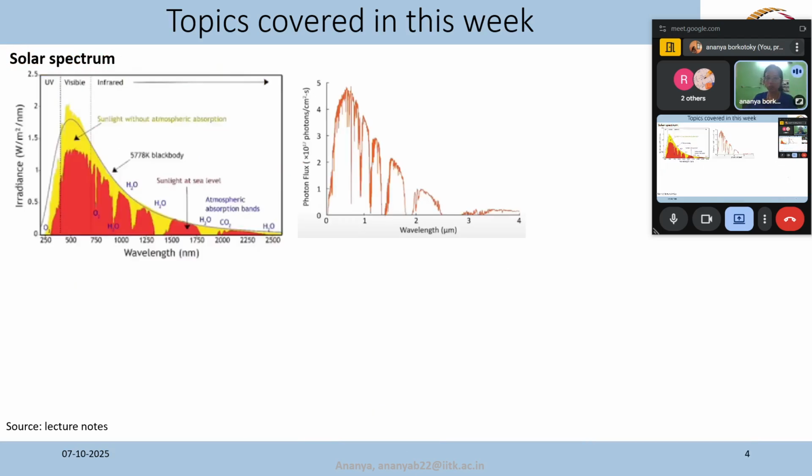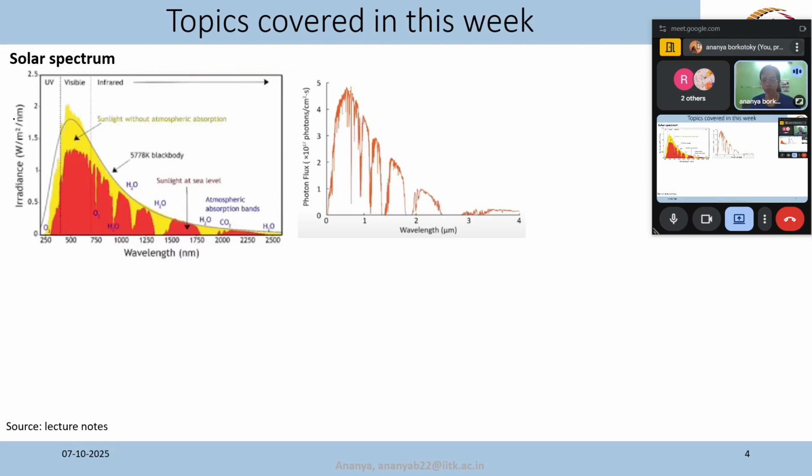Next, what was discussed in the course: first the optoelectronic device, that is the solar cell. Solar cells give us power. So this is the solar spectrum. You can see this unit is watt per meter square per nanometer.